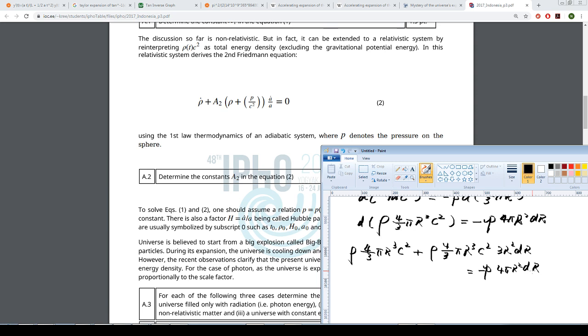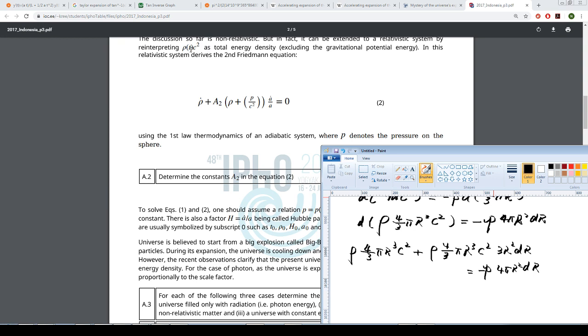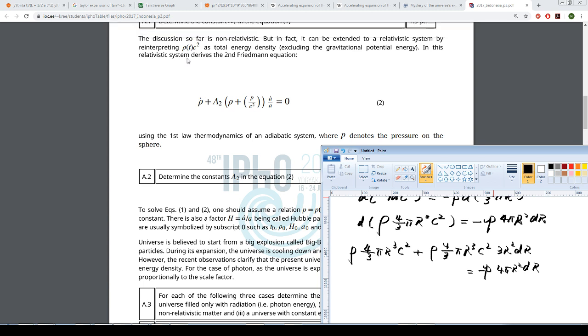What else did you differentiate? Because you split it up into two terms, but one of them doesn't have a differential. Rho is a function of time. Don't you have to take a derivative of it in the first term? Yes, I should.